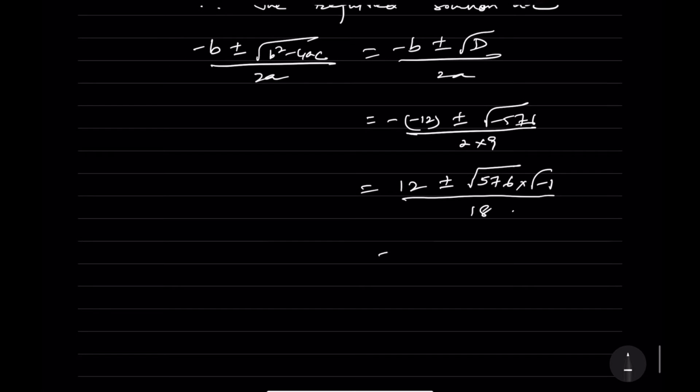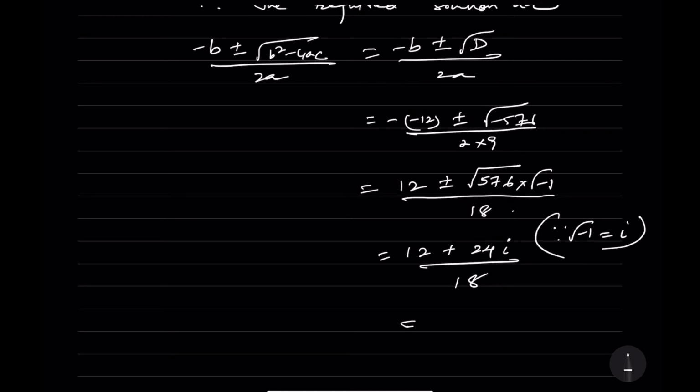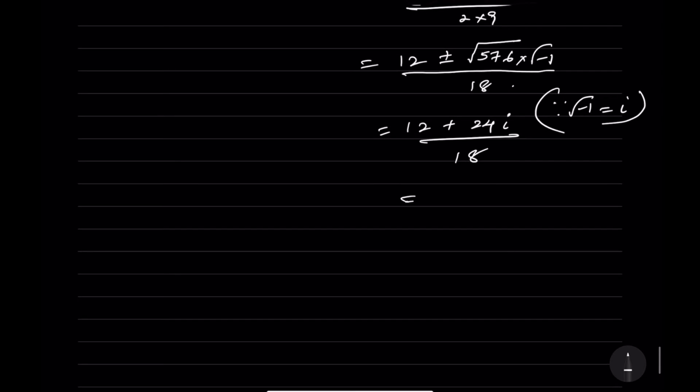So which is equal to, here you will be getting 12 plus or minus 24 i divided by 18, since root of minus 1 is equal to i. If you take a common factor, you can divide the numerator and denominator by 6.